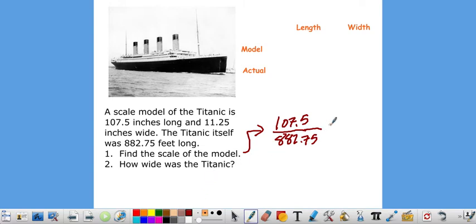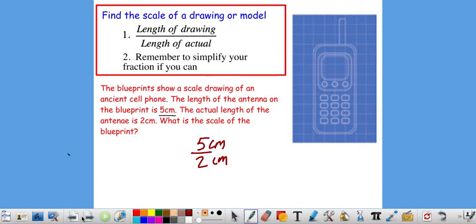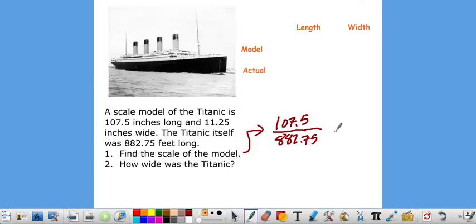We can simplify that if we want. I've got to get my calculator out. So 107.5 divided by 882.75. It's not going to be a pretty fraction. You get a gross decimal. We can just leave it like that, actually.